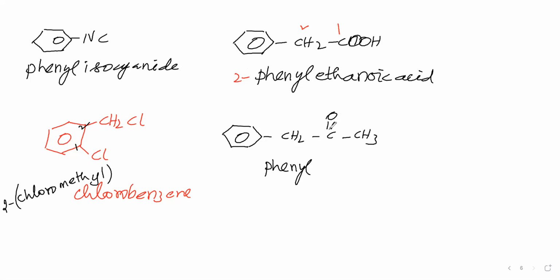This we will take as the parent. So 3 carbon atoms present. Root word prop. Primary suffix en. Secondary suffix for ketone is one. So, phenylpropanone.